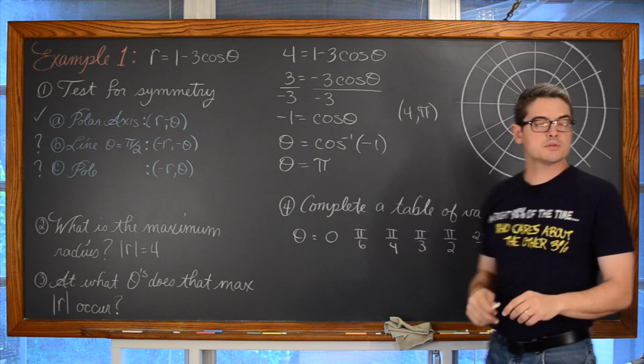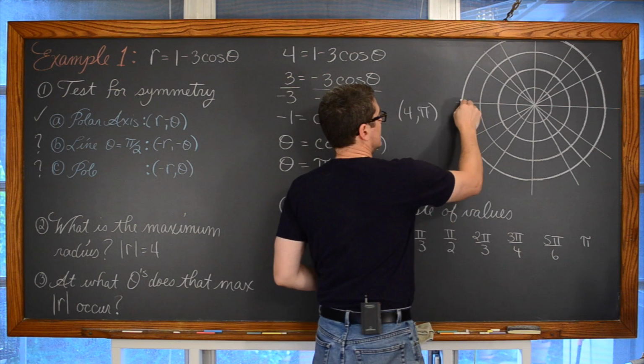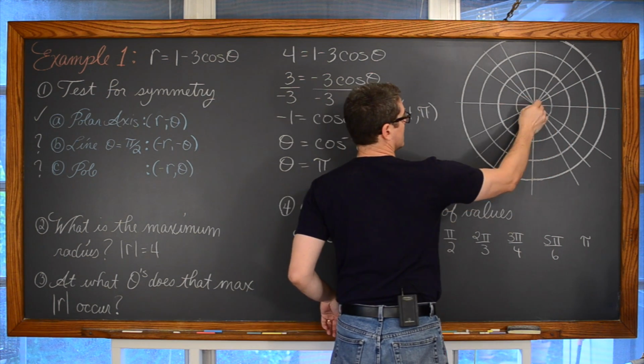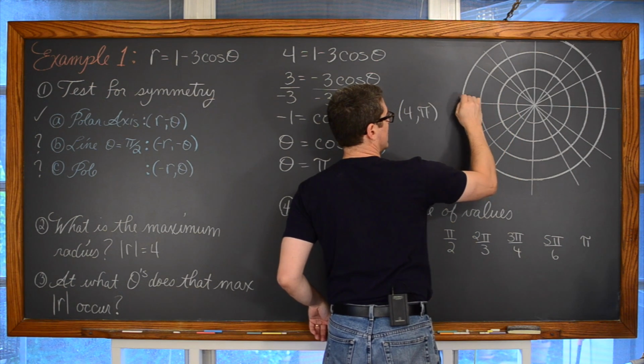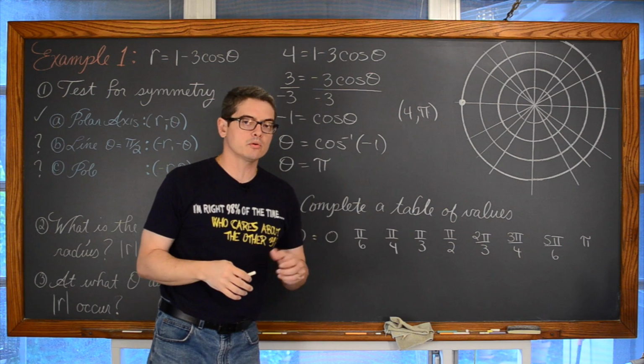So if this, of course, is 0 radians, pi over 2 radians, and finally pi radians, when we rotate pi radians and then step out 4 units, that is going to give you a point right here. So at least we know one point now that makes up our polar graph.